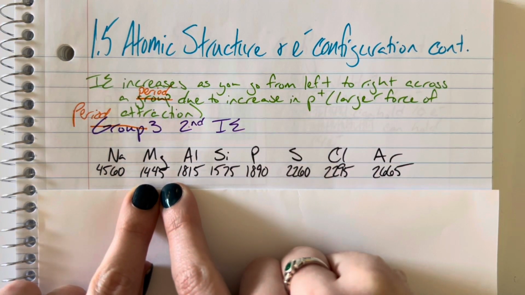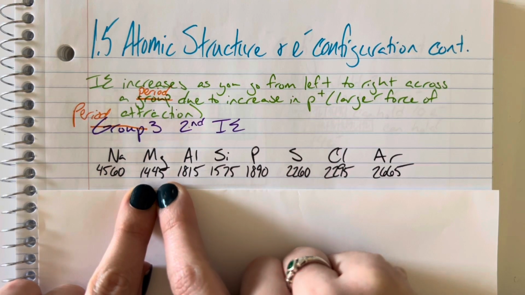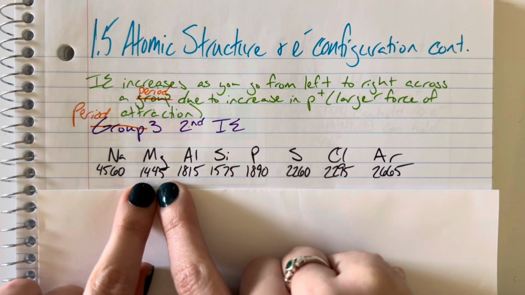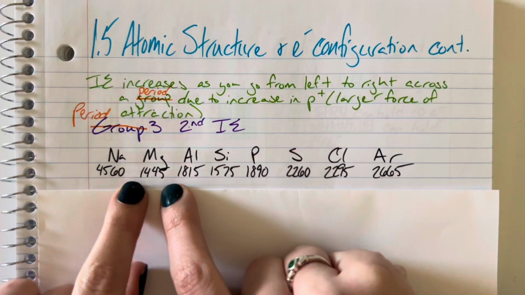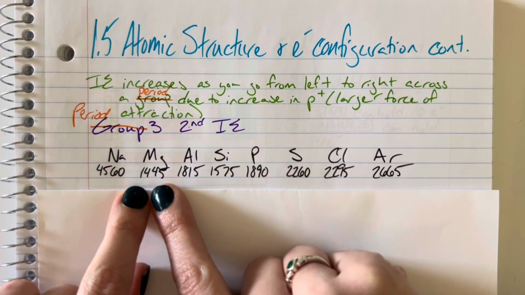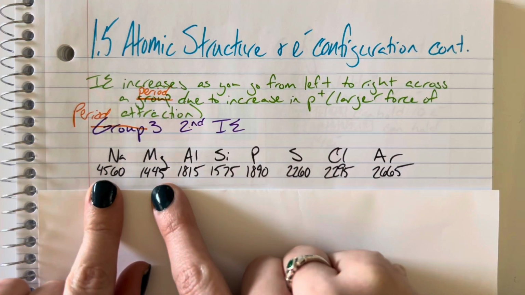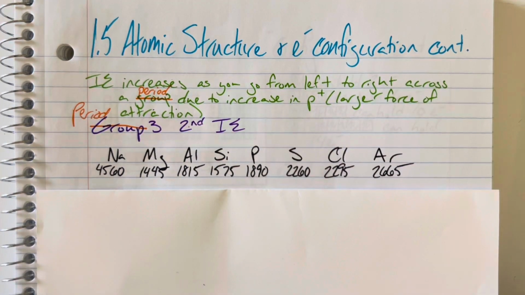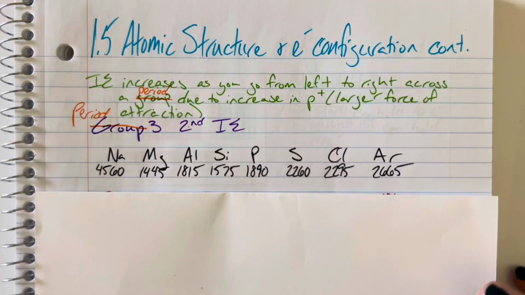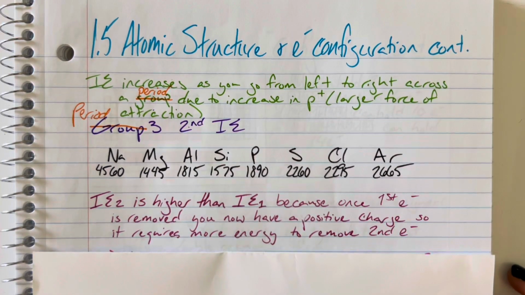Whereas with magnesium, magnesium has two valence electrons, and so the second ionization energy, the second electron that is being stolen, is still from that valence shell, and so it is much easier to take than an electron that was originally within the inner shell.